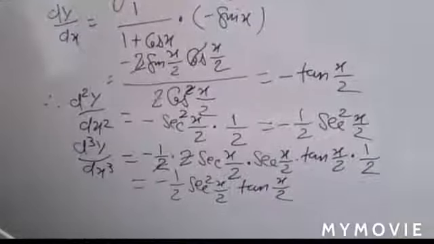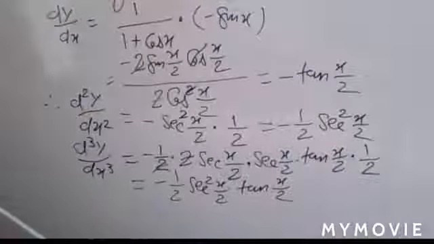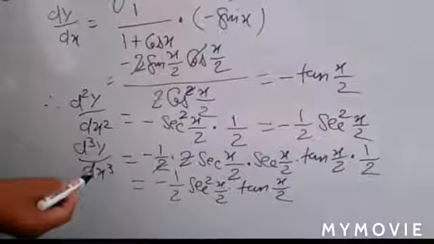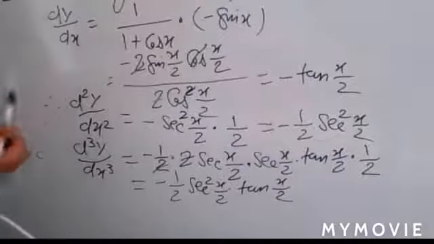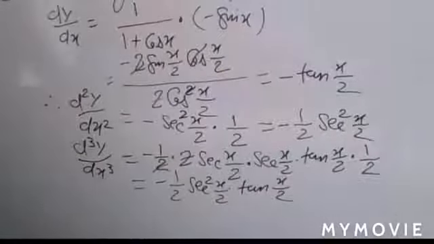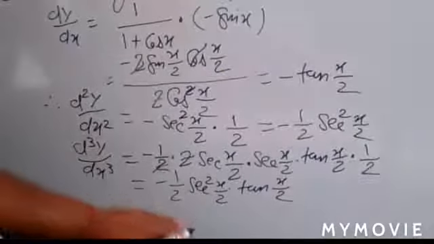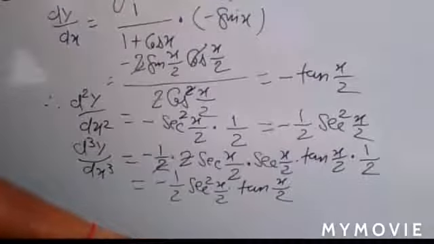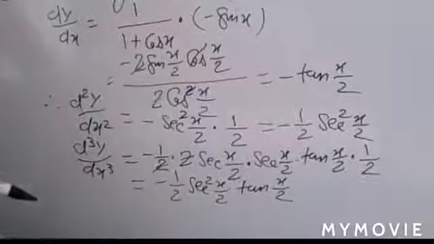Understand? Now you take the left side, putting the value of the second derivative, the third derivative, and your first derivative, and check it. Have you all noted up to the last step?